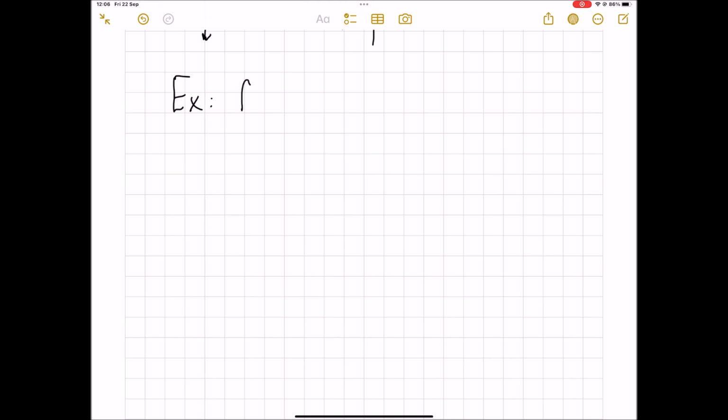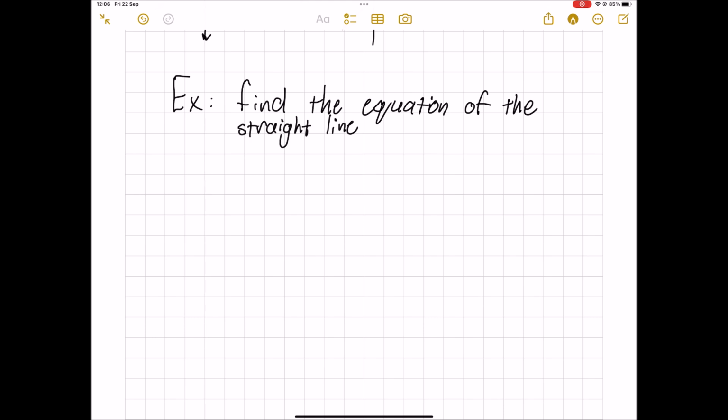So let's say find the equation of the straight line that goes through the points or coordinates 0, 1, and 2, 2.